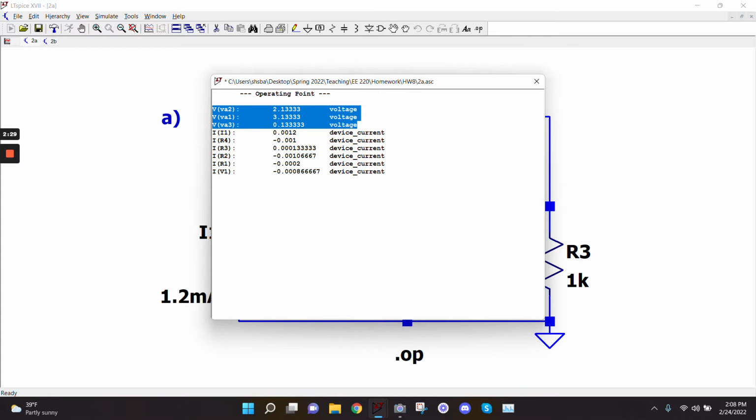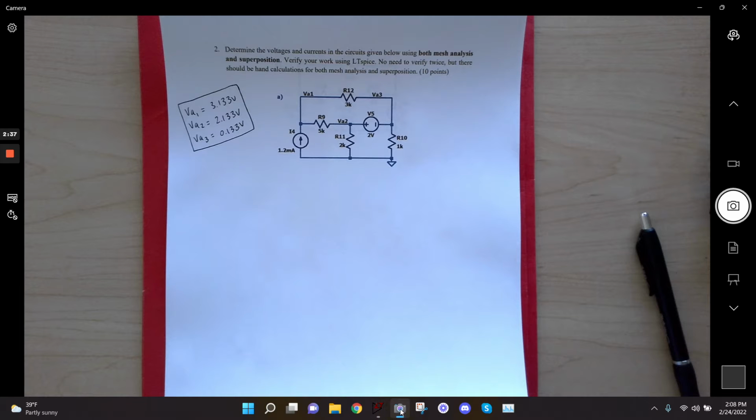Box that just so that we know that that's what we're looking for. And we come over here, so I've got those written down now. So let's go ahead and go through the mesh.